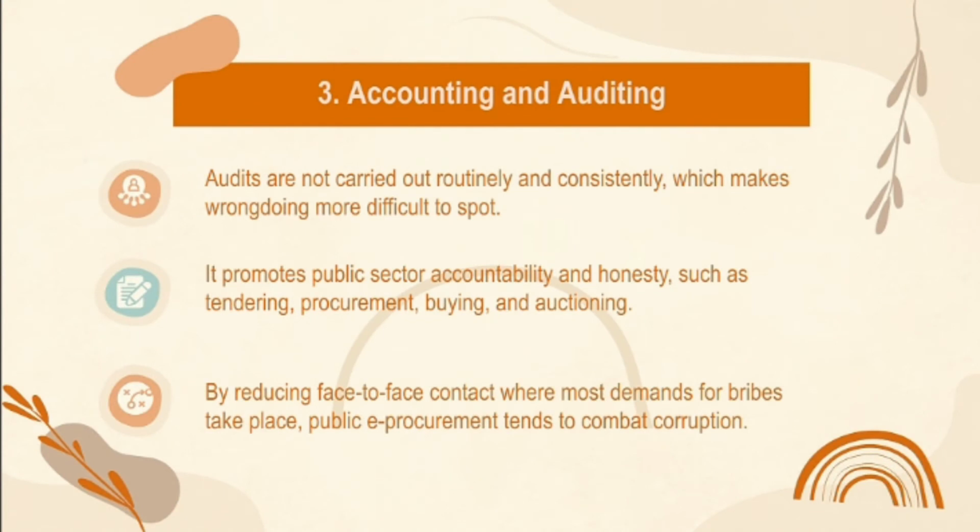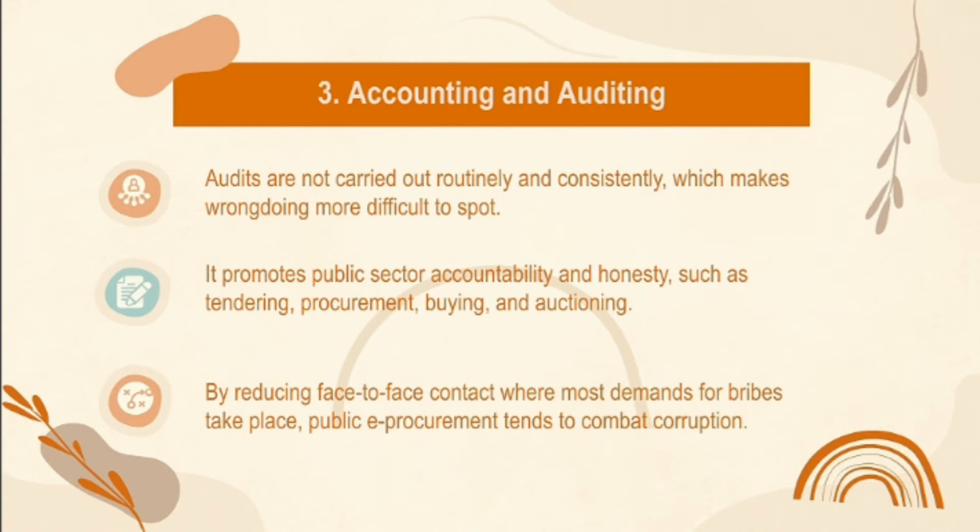The fourth one is accounting and auditing. Audits are not carried out routinely and consistently, which makes wrongdoing more difficult to spot. Government audit monitoring systems are not straightforward, contingent, and lack coordination with other related departments and organizations to ensure a reliable and productive flow of audit information.